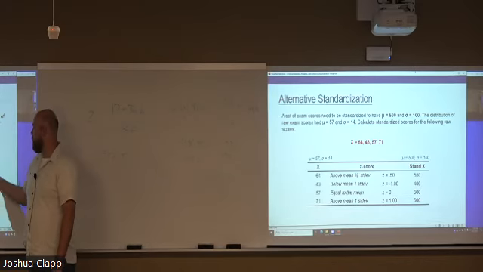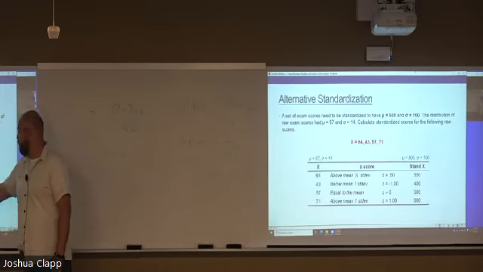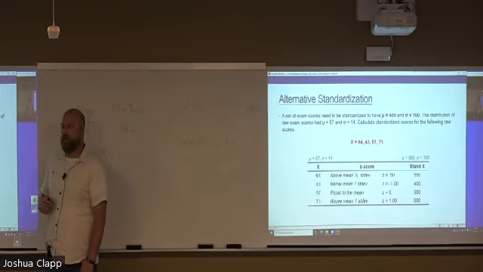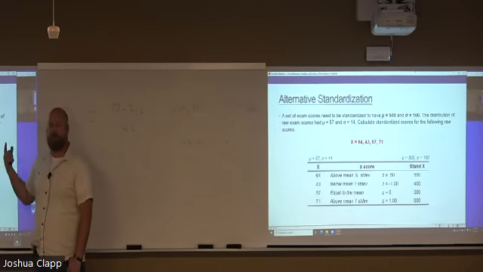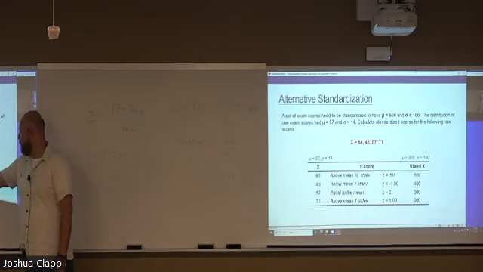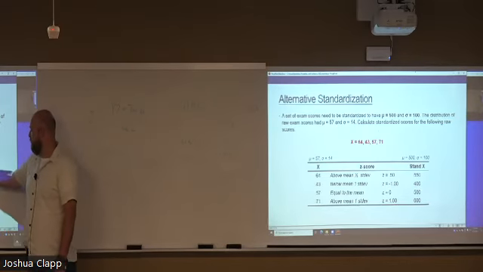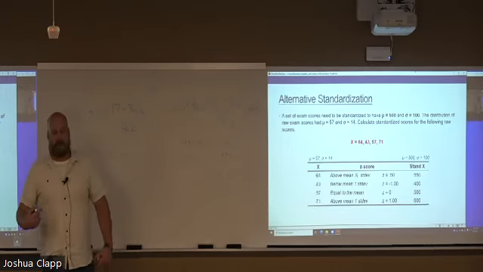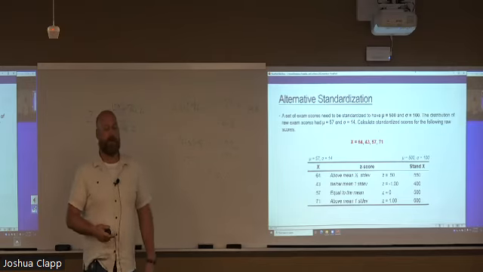Now I just need to change that over to have a mean of 500 and a standard deviation of 100. So here I'm half a standard deviation above. If my mean is 500, I just add half of 100 and I'm at 550. Here, one standard deviation below, mean is 500, now we're at 400. Right at the mean, 500. One standard deviation above, 600. These are pretty easy to go through and do in our head, but again, using a simple formula, we can go through and calculate all of this.